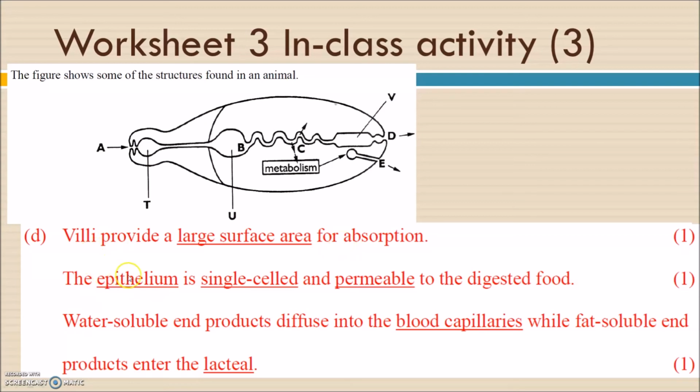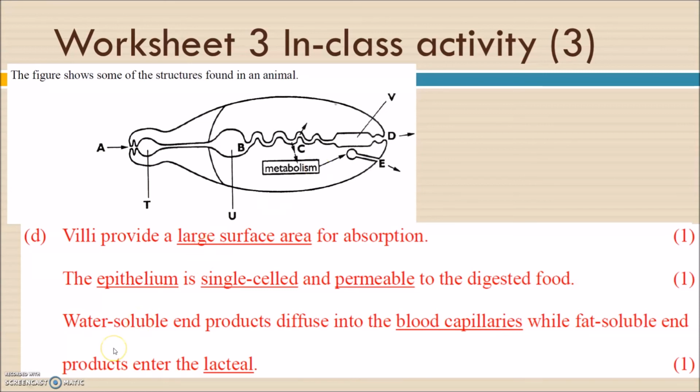And then the wall of the villi, that means the epithelium or the epithelial cells, is a single cell layer. That means it is 1 cell thick, so the diffusion distance is very short. It is also permeable to the digested food. So we can absorb the food from the lumen of the small intestine through this 1 cell thick epithelium and go into the blood capillaries or the lacteal.